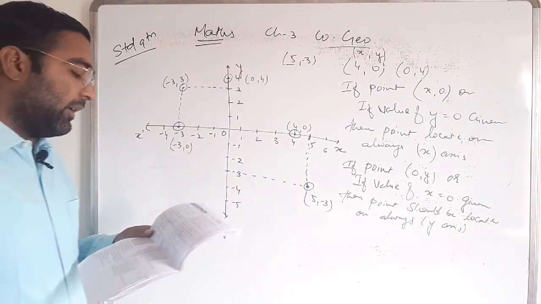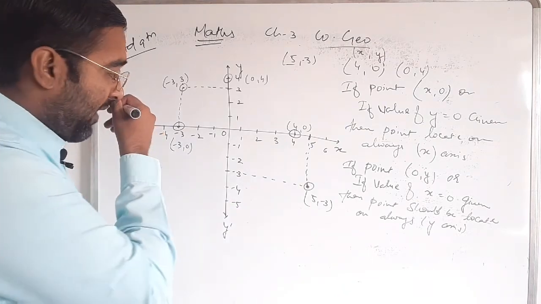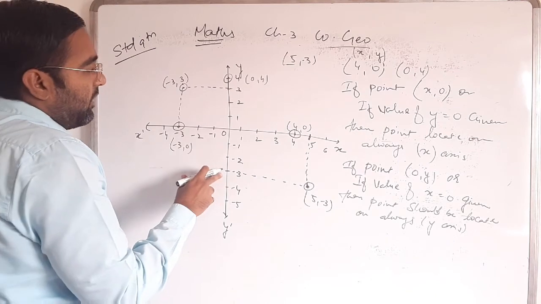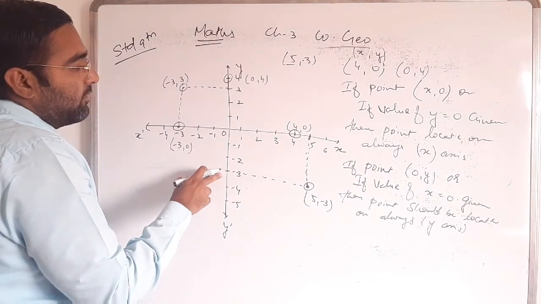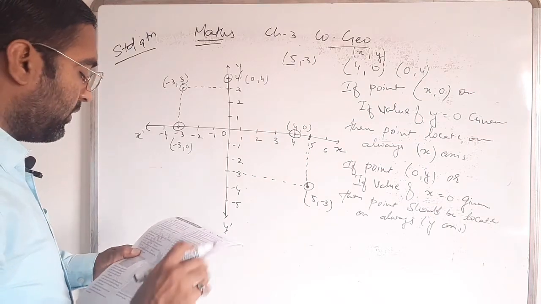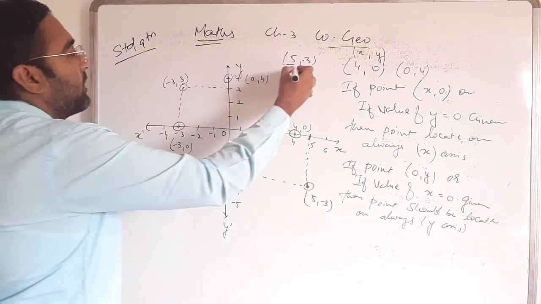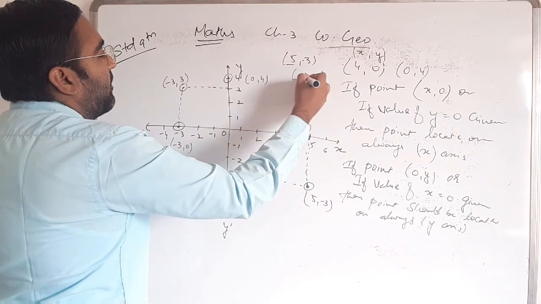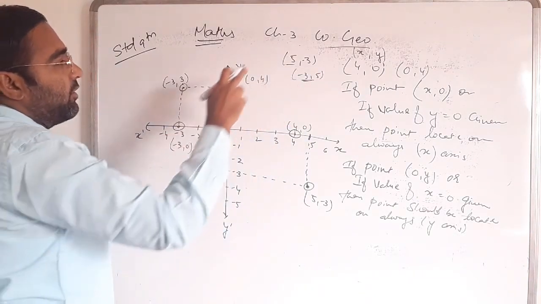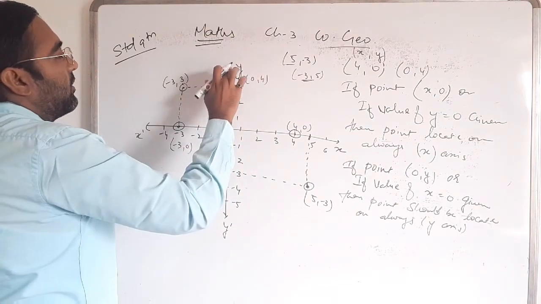And the last one, minus 3 comma 5. Sorry, minus 3 comma 5: the value of x is minus 3 and the value of y is 5.